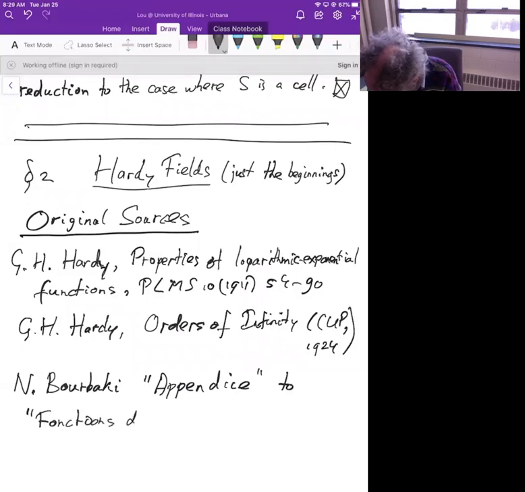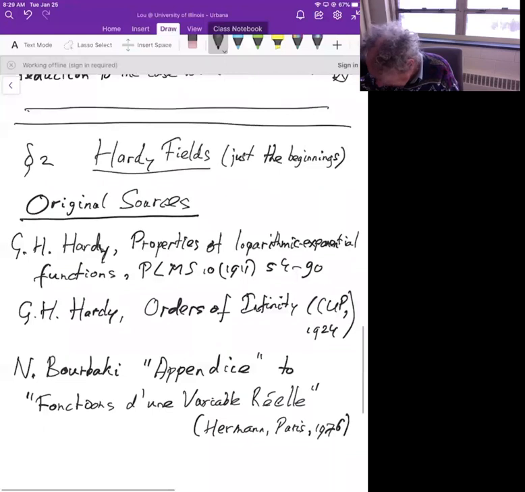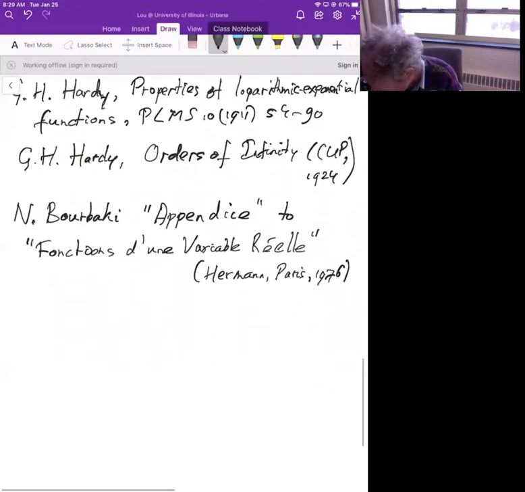Of course, these are also available now in English. So there, the notion of a Hardy field, as I define it later on, was formally introduced, and some pretty basic facts were proved about it, which we will cover today, I hope, I think.